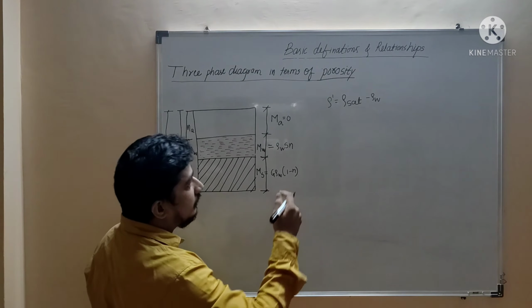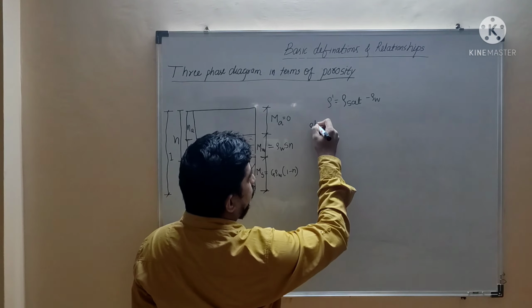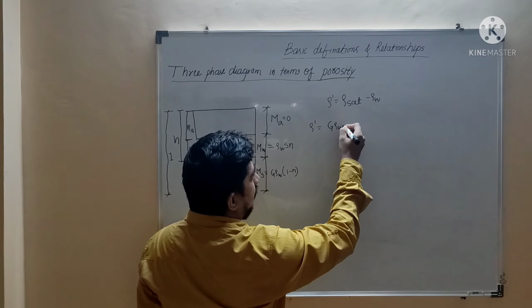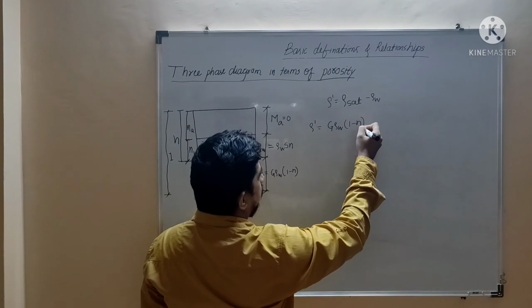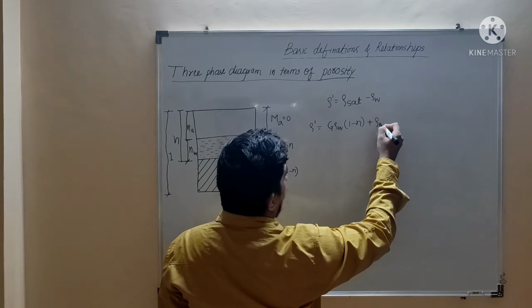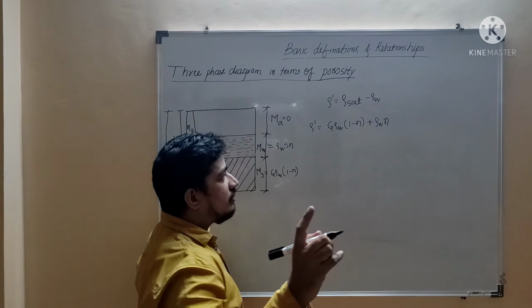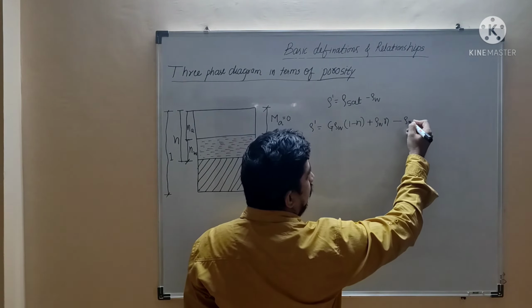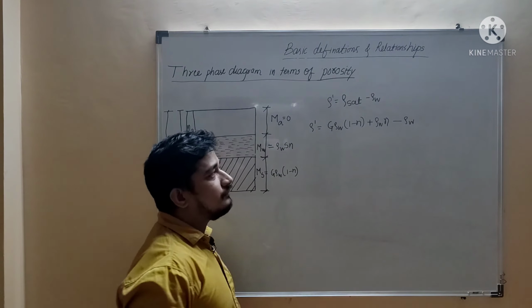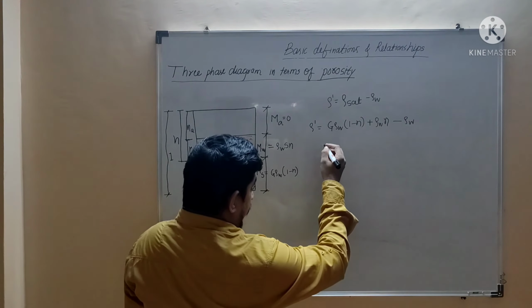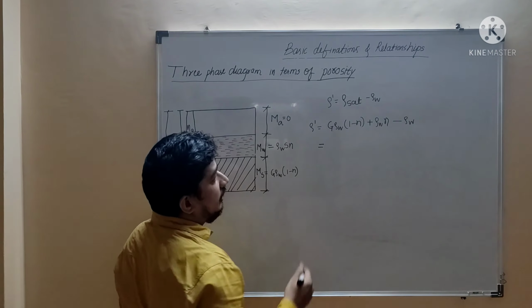We have previously derived the formula for rho saturated, that is G multiplied by rho w into 1 minus n, plus rho w multiplied by n, minus rho w. This is a very simple formula depending on its definition.